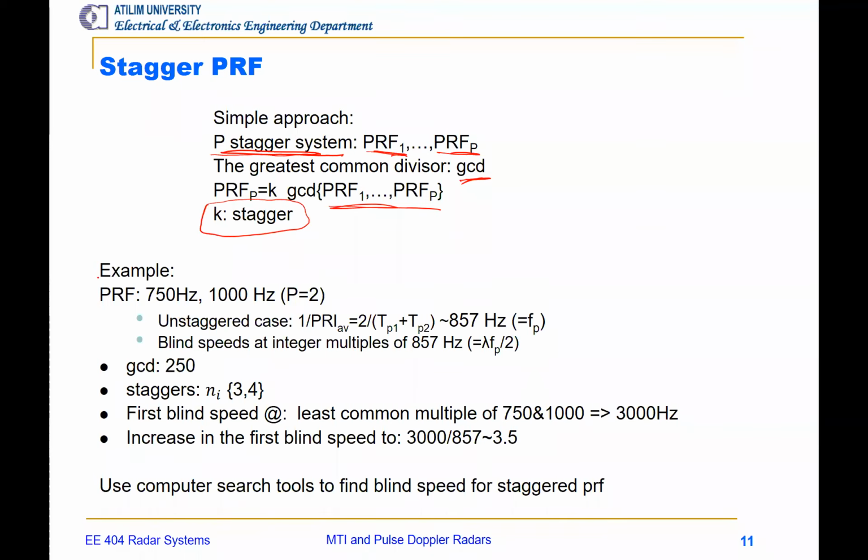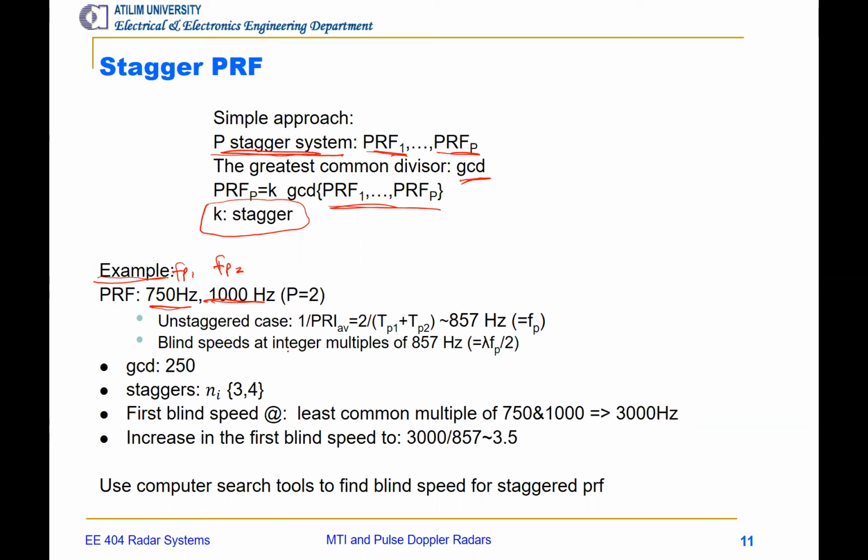In this example, you can see on the slide, we have 750 hertz and 1000 hertz. So this is PRF1 and PRF2. And let's see the greatest common divisor in here, 750 and 1000. It's going to be 250.